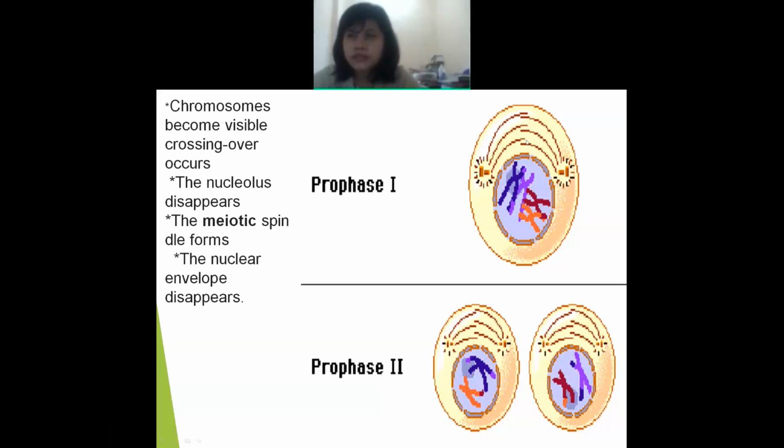The spindle fibers form, which means they appear, and even the nuclear envelope disappears in this prophase 1.